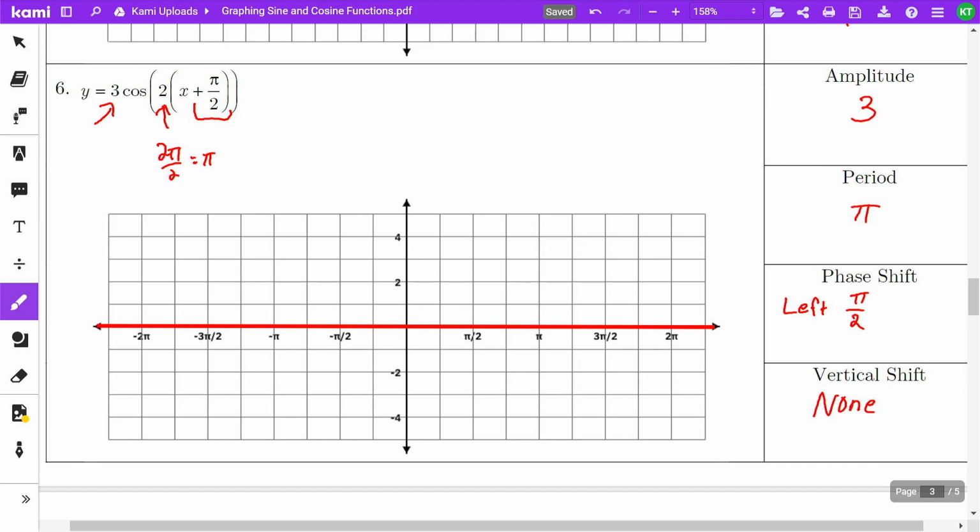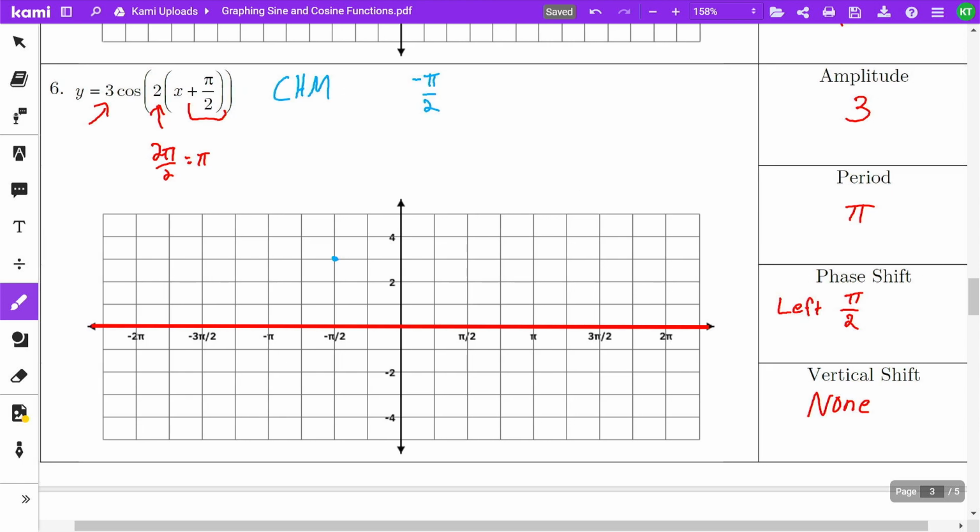All right, so this one again is a cosine. So if it's cosine, that means cosine starts at my high point and then goes to my midline. So if I have a phase shift left to negative pi over 2, I'll be starting here, and my amplitude is 3, so my high point for this one will be at 3. So again, I'm going to start at negative pi over 2.